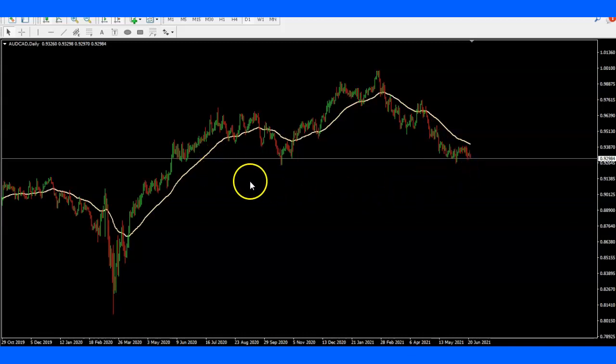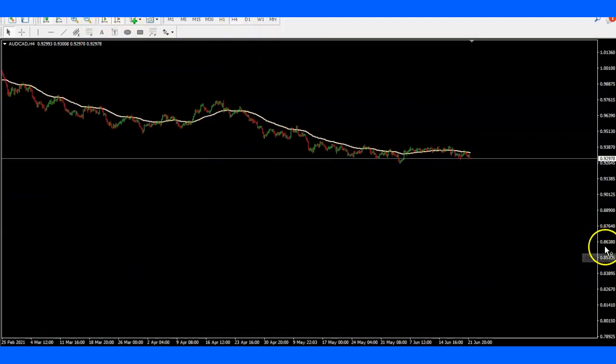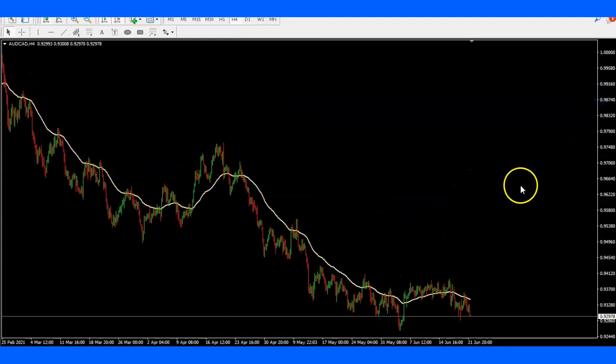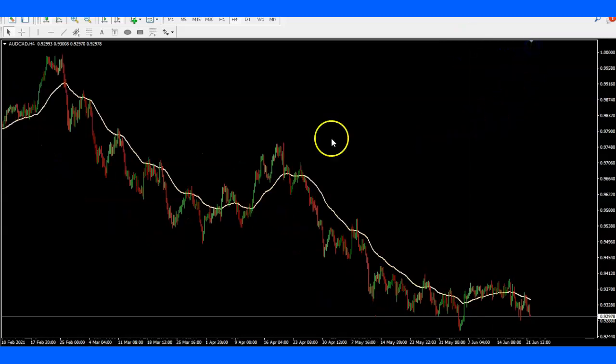Okay. So if I go to the 4-hour, we're going to analyze this right here. I'm going to show you exactly how to do it on the 4-hour. Let me move this forward a little bit. Okay, this is our 4-hour swing in the AUD CAD, and we're going to analyze this one.